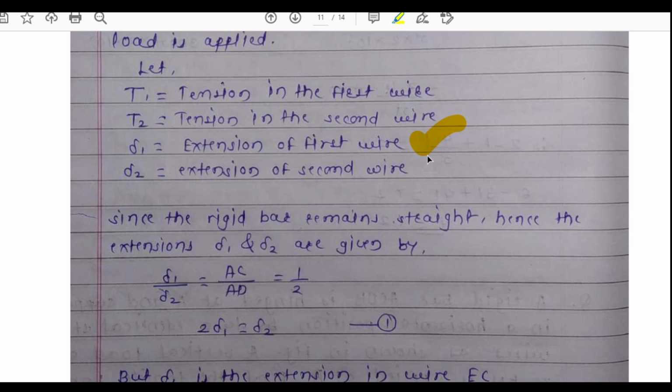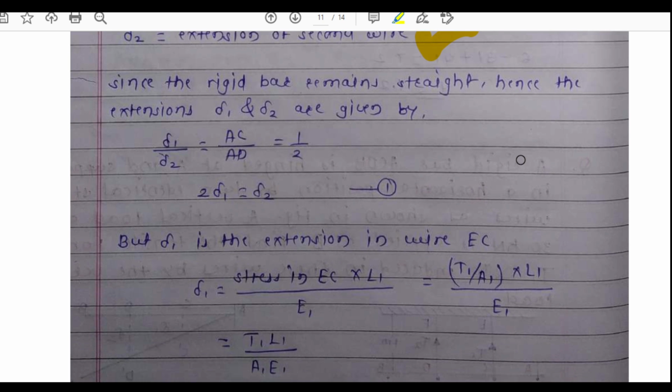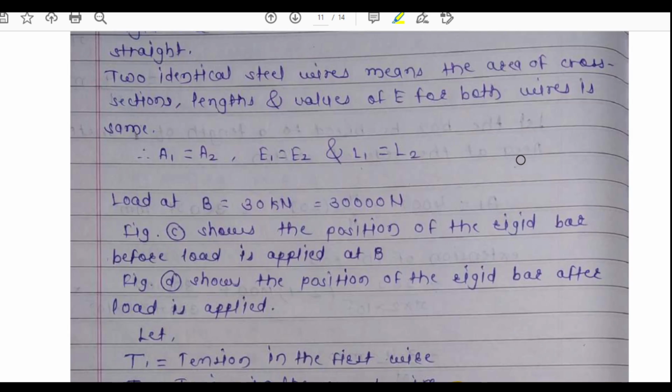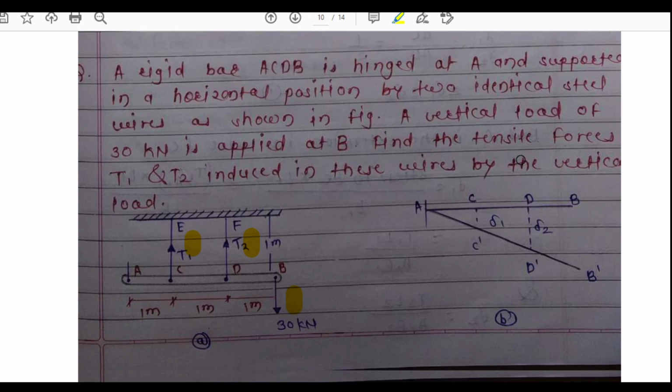Delta 1 is the extension of the first wire and delta 2 is the extension of the second wire, that is, to what length the first wire is extended and to what length the second wire is extended. Now since the rigid bar remains straight, the extensions delta 1 and delta 2 will be given by simple geometric calculations.